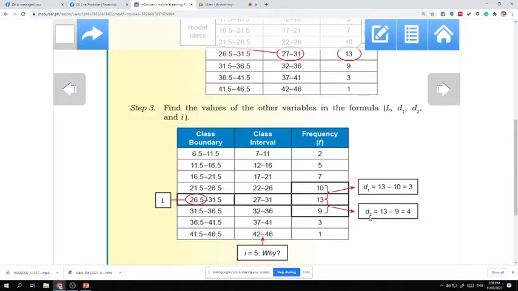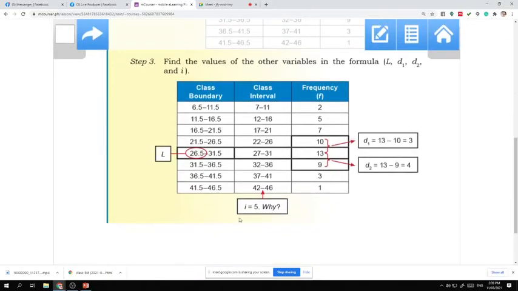That's how you solve D sub 1 and D sub 2. So again, to get D sub 1, it's simply the frequency of the modal class minus the frequency above it. The frequency of the modal class minus the frequency below it is D sub 2. Are D sub 1 and D sub 2 clear?